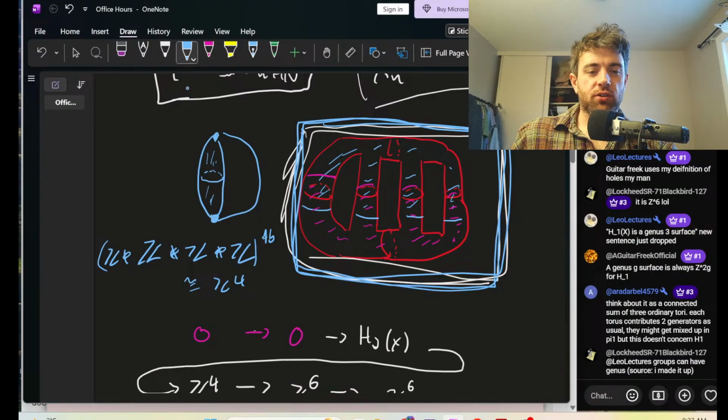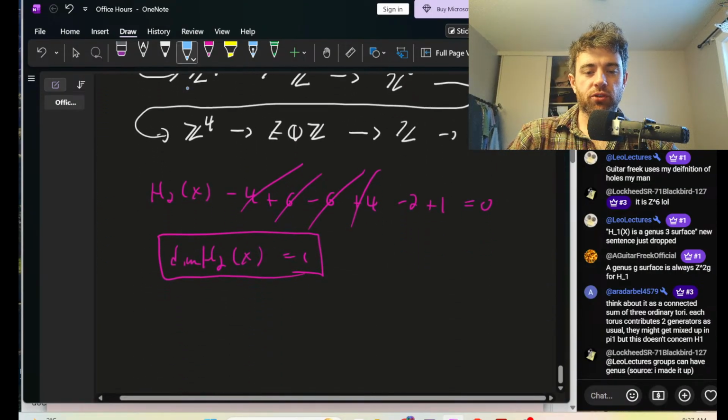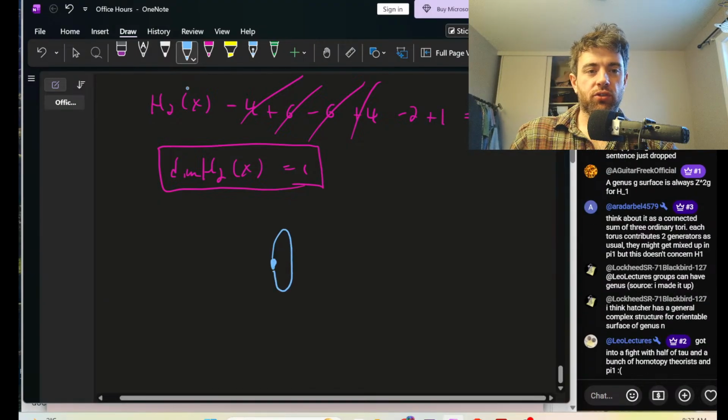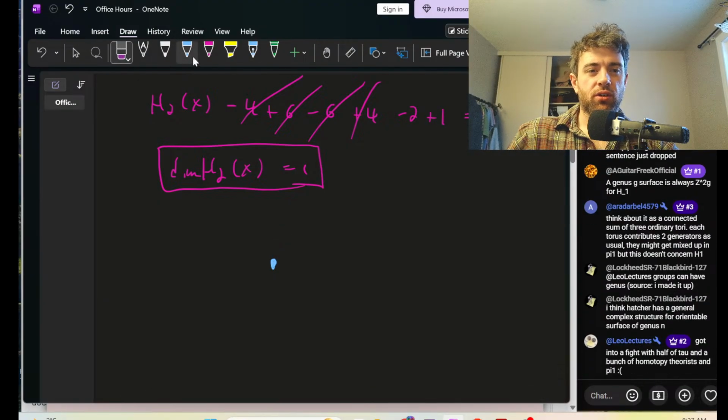I'm tempted to even crack open Hatcher and try and think about it. I mean, what's the complex for just an ordinary torus? Can we have a single loop like this?